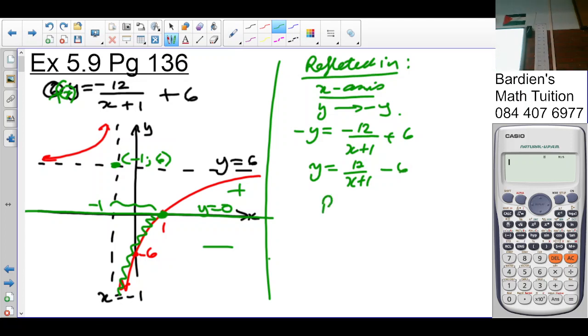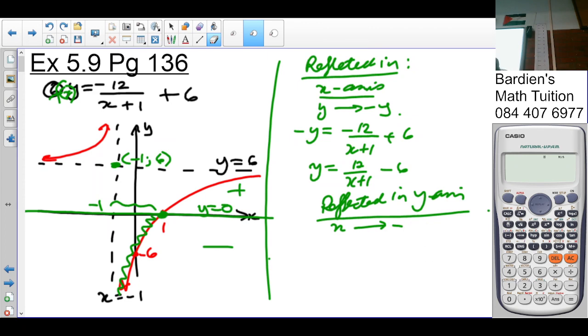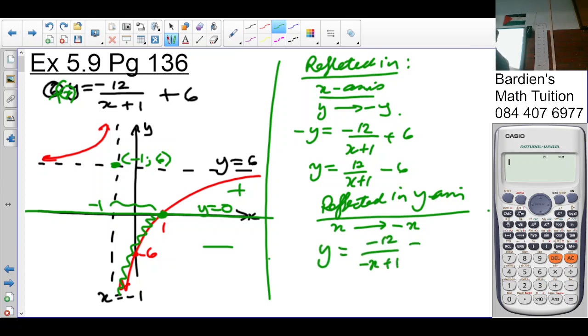Is it reflected in the y-axis? Reflected in the y-axis, x becomes negative. Not so? So you'll have y equals negative 12 over negative x plus 1 plus 6.